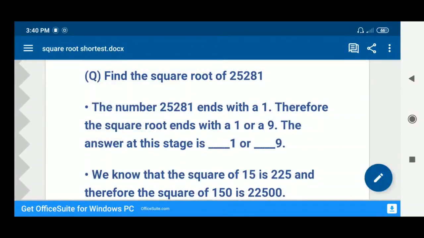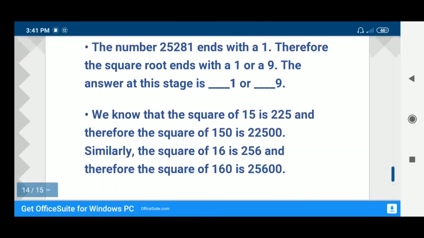Let's find the square root of the number 25281. The number 25281 ends with a 1. Therefore, the square root ends with 1 or 9. We know that the square of 15 is 225, and therefore the square of 150 is 22500.